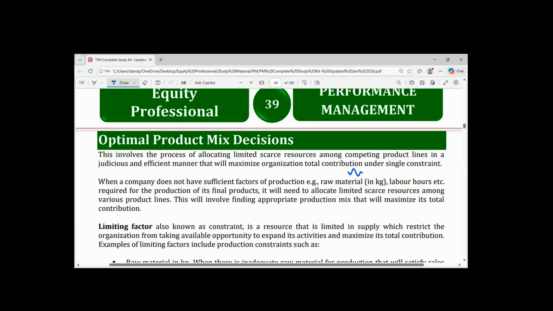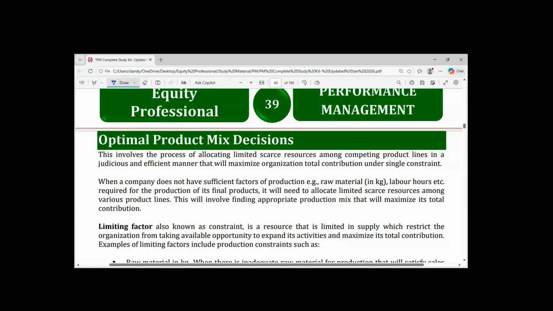When you talk about optimal product mix, it represents the process of allocating the limited scarce resources among competing product lines in a judicious and efficient manner in order to maximize the organization's contribution.